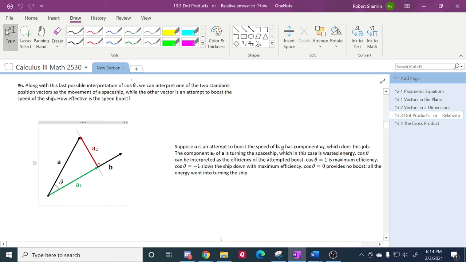The only part that counts as boosting the speed is the projection of A upon B. So we wanted the part that was in the right direction. Now we're looking at this part. The perpendicular component is the only part that we want, because now we're trying to find torque. So it's really in contrast, the opposite of what we were doing before.